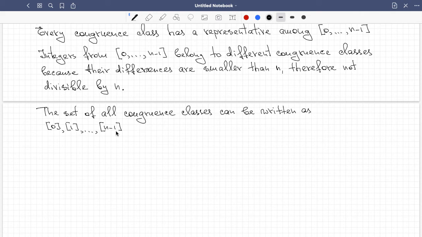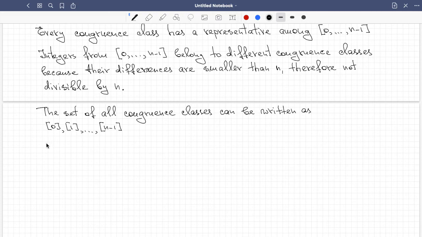This is a way to write the whole set of congruence classes. Every congruence class is among them, because every congruence class has a representative among these numbers, and they are all different. So this is a full description of the set of congruence classes.